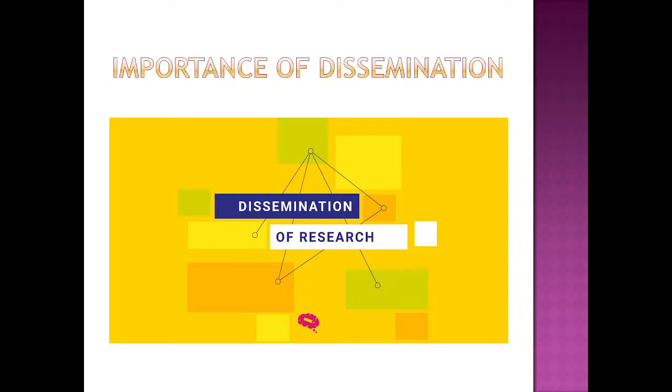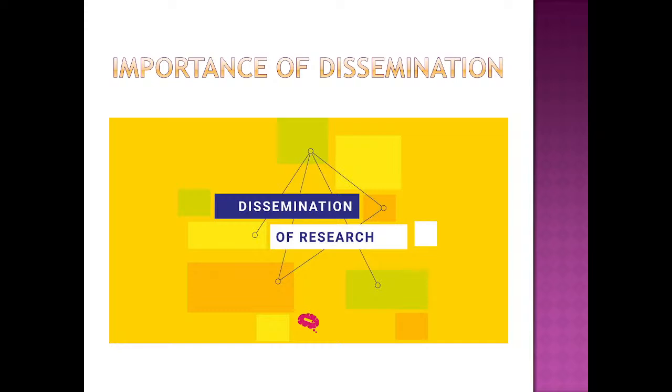The general things should come before, and the specific things at the end. So the work you are doing should have a very good presentation, in the proper way. The most important thing about dissemination is that you can publish it. This is one of the most important roles of the dissemination of the data.